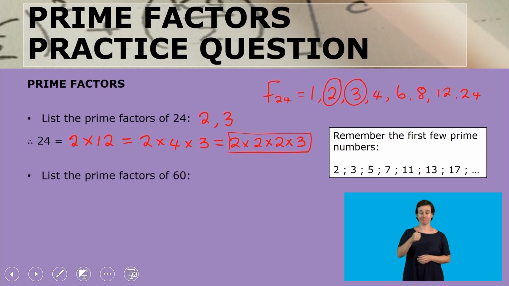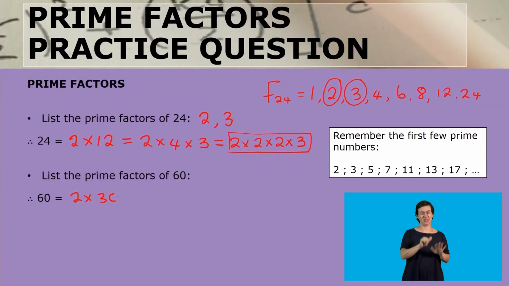Let's list the prime factors of 60. So when we are thinking of the prime factors of 60, we need to think again of the factors of 60 and then choose the prime numbers. But remember, I said if a number is big, you can just break it down for yourself. Let's look at 60 quickly. 60 is 2 multiplied by 30.